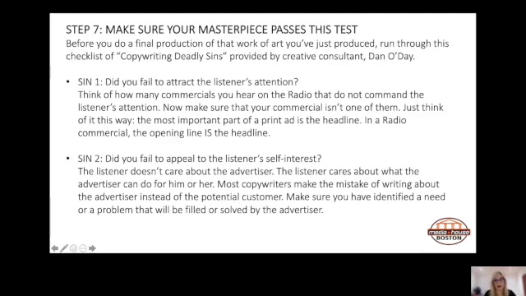Think of how many commercials you hear on the radio that just don't command the listener's attention. Now make sure that your ad isn't one of them. Just think of it this way. The most important part of a print ad is the headline. In a radio commercial, the opening line is the headline.